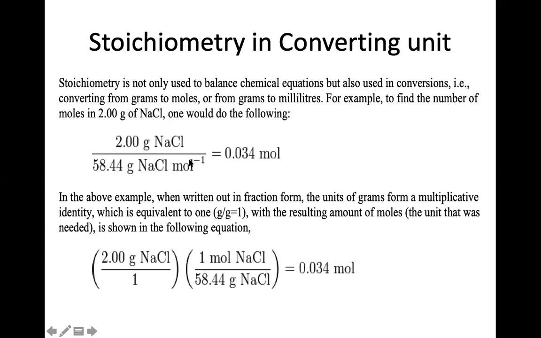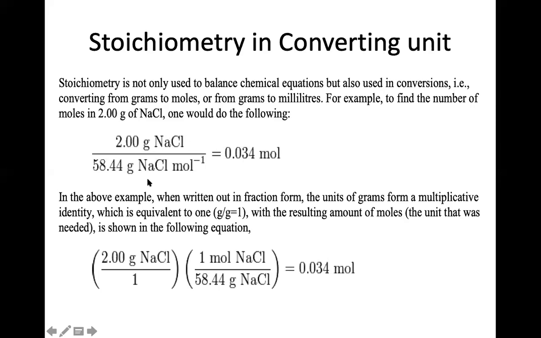That means 1 mole of sodium chloride has a molecular weight of 58.44, from sodium 23 and chlorine 35.5. So 2 grams of sodium chloride equals 0.034 moles of sodium chloride. So you can convert from mole to gram.